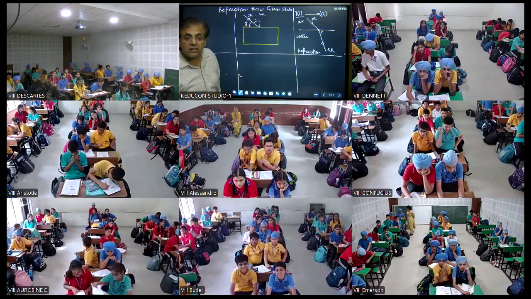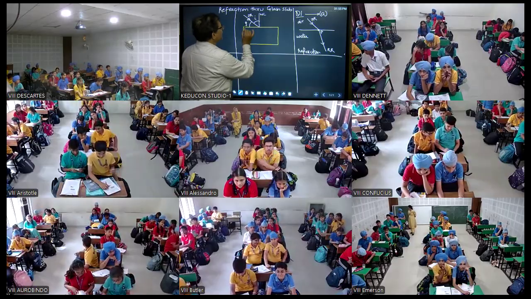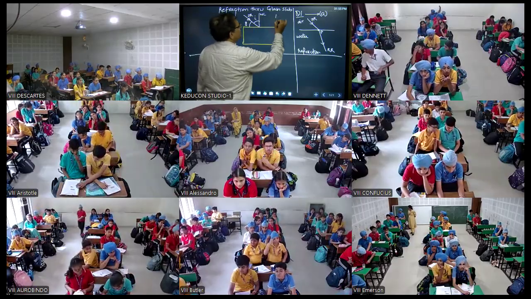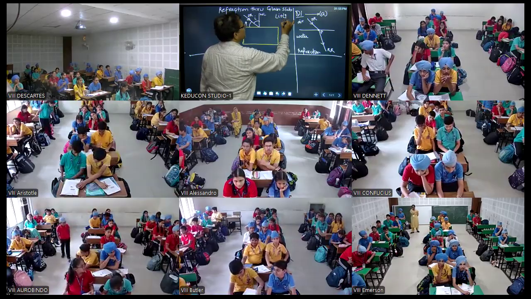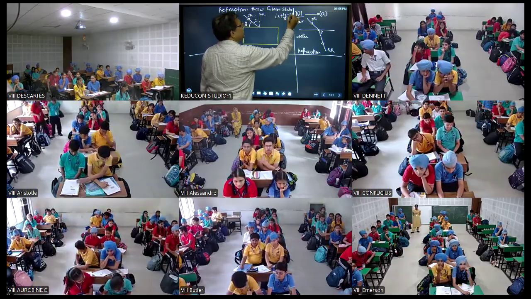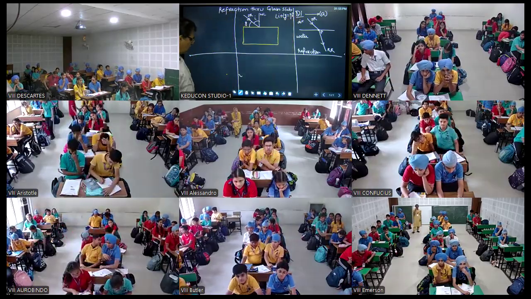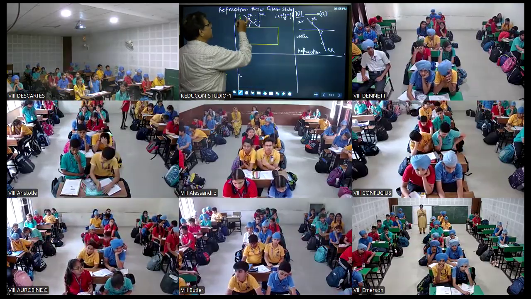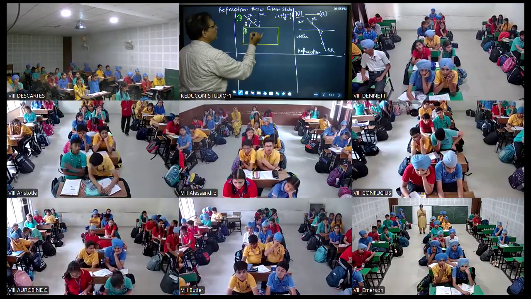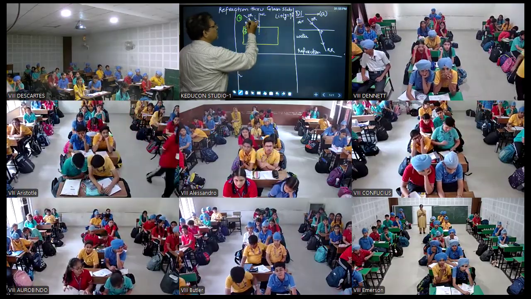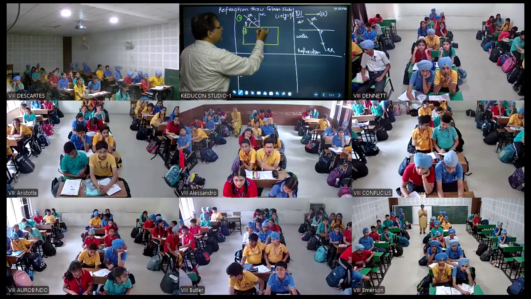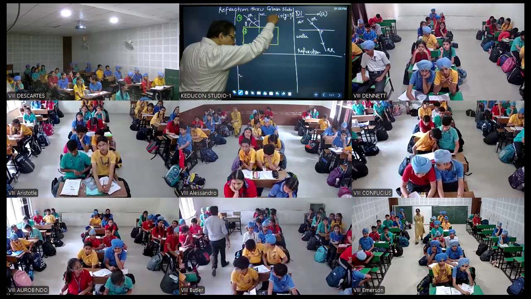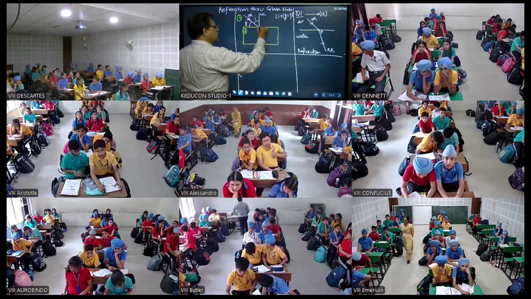Angle of glass plus angle of incidence, the total is always 90 degrees. Okay? As light is entering from rarer medium to denser medium, what will happen? It will leave its path and bend towards the normal. Towards the normal. So it is going this way.